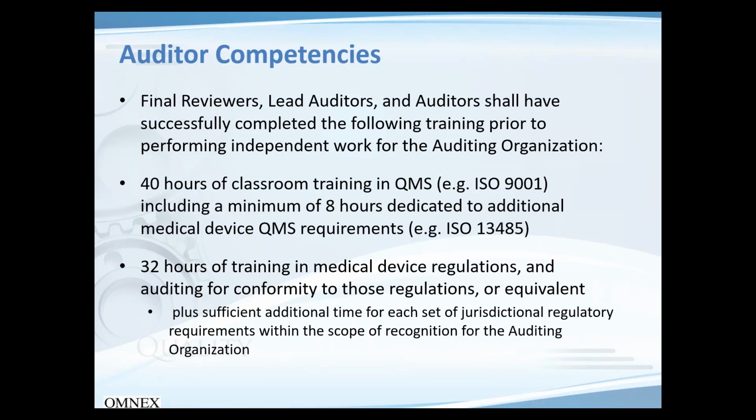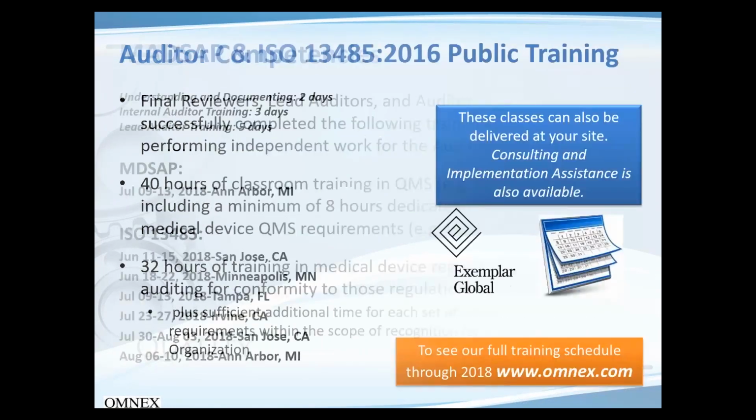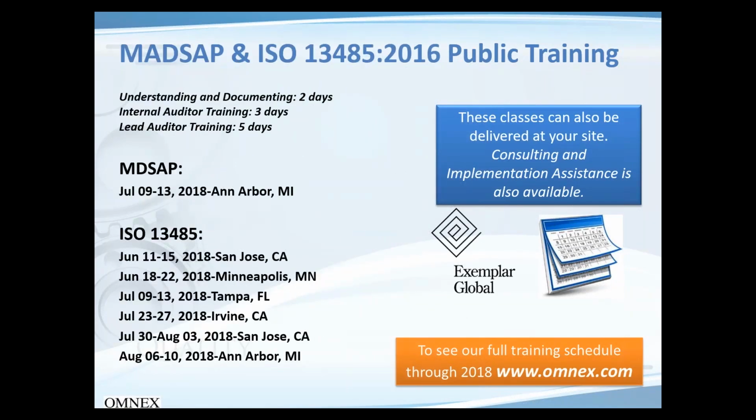The auditing organization has some controls on how to determine and evaluate the competencies before they accept someone as an external auditor. Also, they must have a good understanding of the GMPs of the jurisdiction's regulatory requirements, and, as I mentioned earlier, country-specific requirements must be understood.